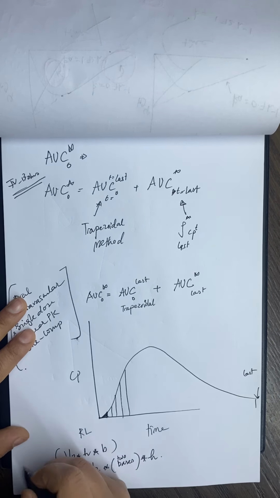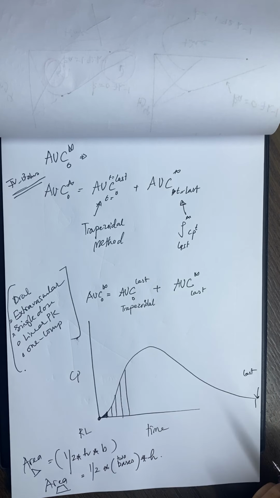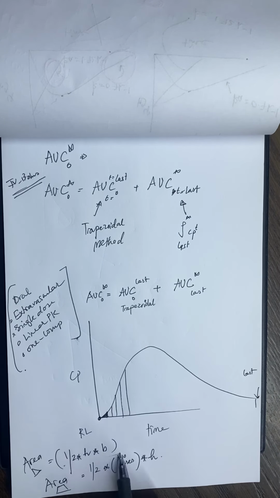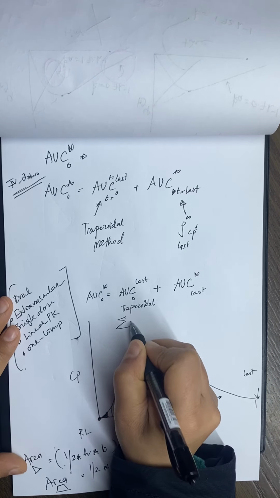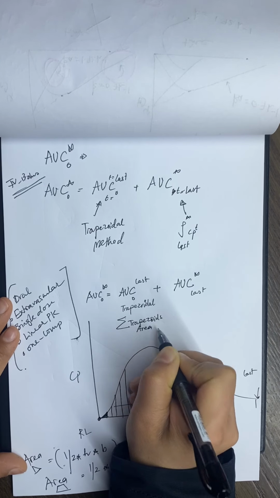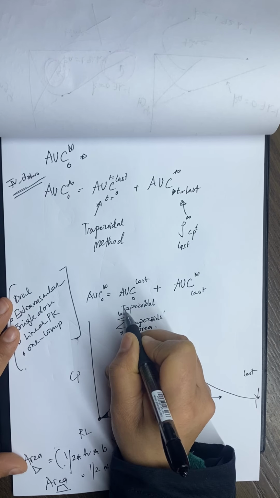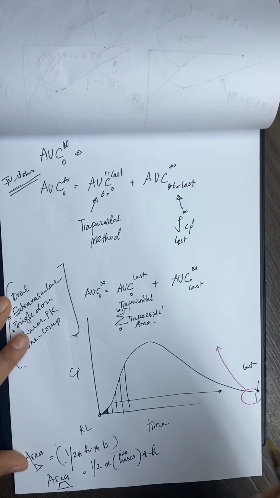This is the area of a triangle, and this is the area of a trapezoid. This will be the same because at time equals 0, the first concentration will be equal to 0, so you'll still have the area of a triangle. So you do whatever you want: the sum of all the trapezoid areas from 0 to t last.